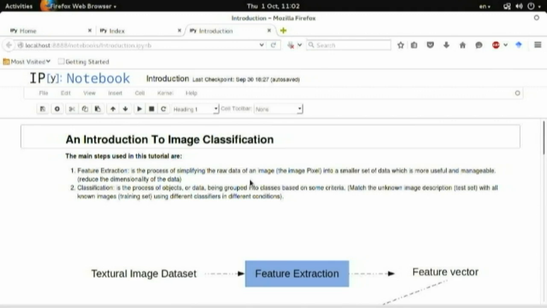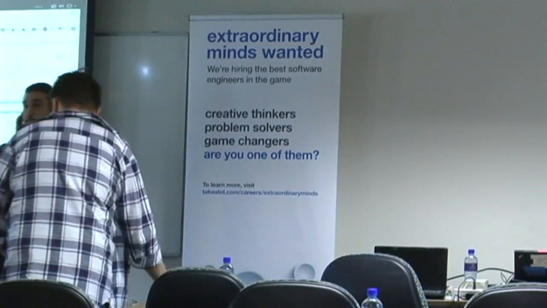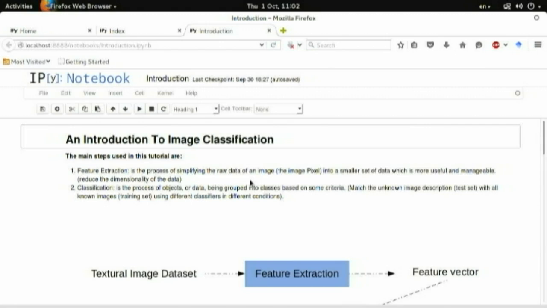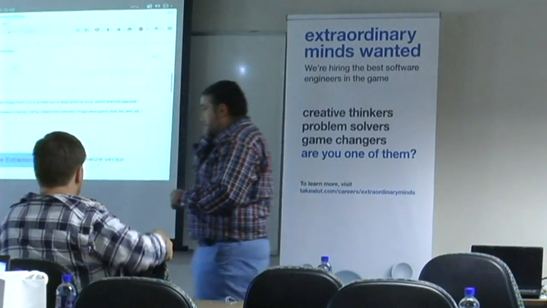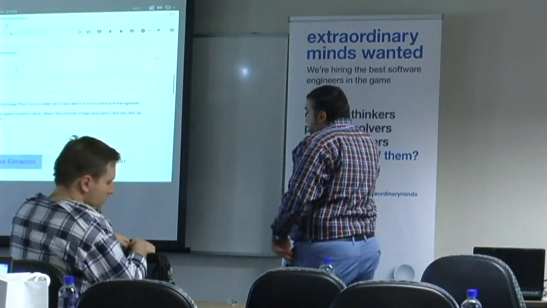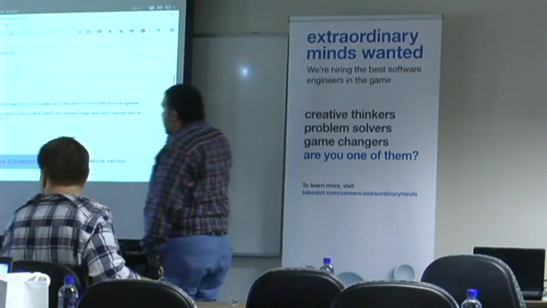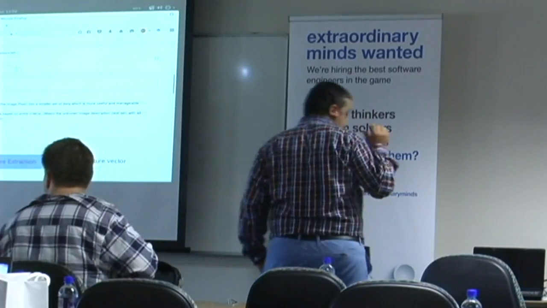For example, if we have one image, and the size is 500 by 500, which means we have 250,000 pixels. So it is very big to deal with, especially when we have a big database set. And for the classifications, we will have a training data set, and we want to know what the unknown test is.